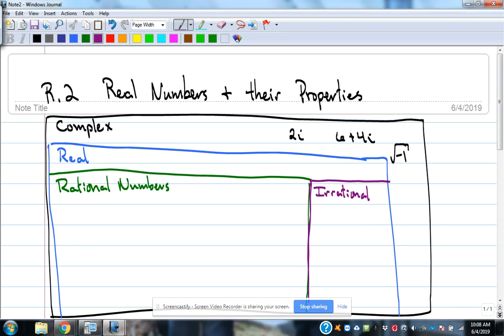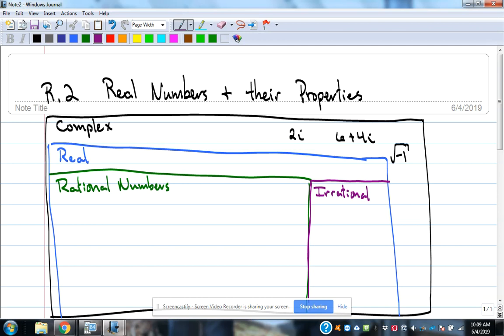Rational numbers are their own set, but they are part of the real number set, so they're inside of the real number box. They're also inside of the complex number box. The irrational numbers are inside of the real number box. They're not inside of the rational number box. You can't be rational and irrational at the same time. That's not possible. So rational numbers are in the box inside of the real number box.